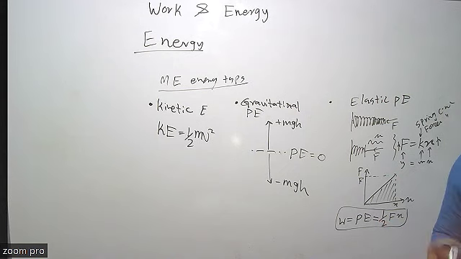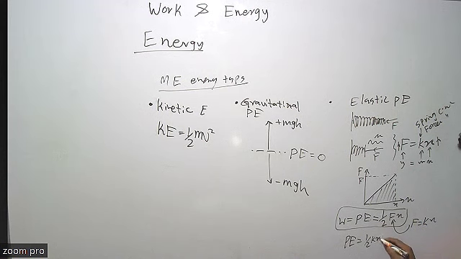Then you can substitute F equals kx here. So for the potential energy, what do you get? Half, and instead of F, you can use kx, times x.